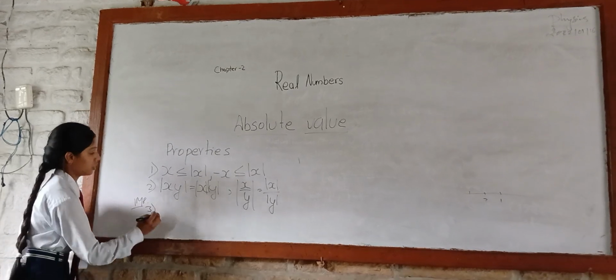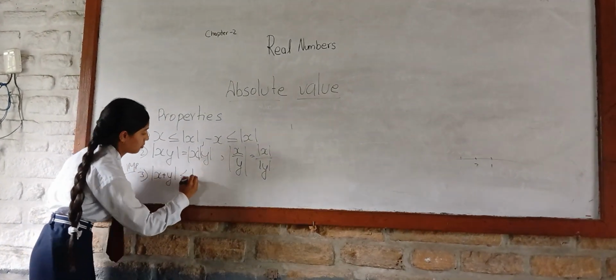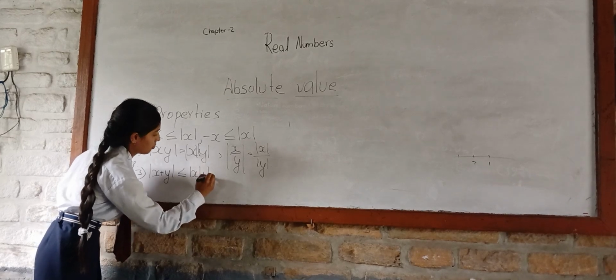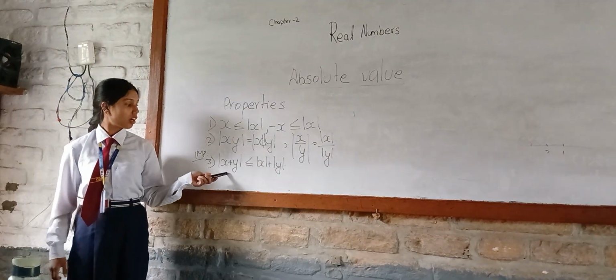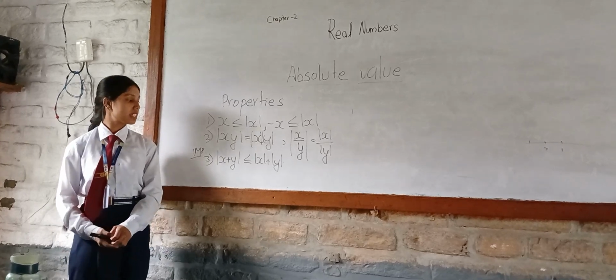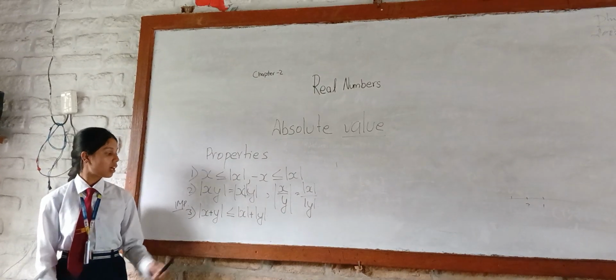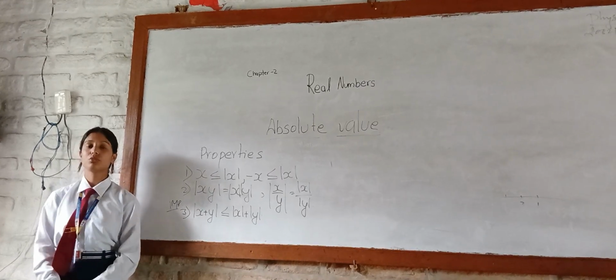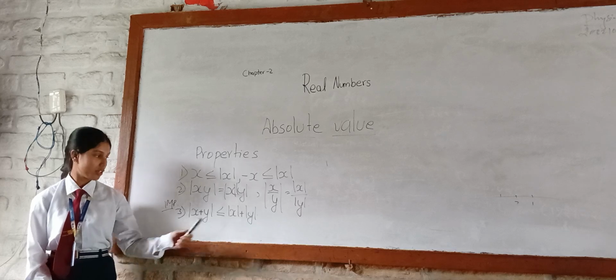Third one is the important one. The third property is about the triangle law of inequality. From the examination point of view as well, it is the important one. It says that the absolute value of the sum of two numbers is always less than or equal to the sum of the two absolute values.